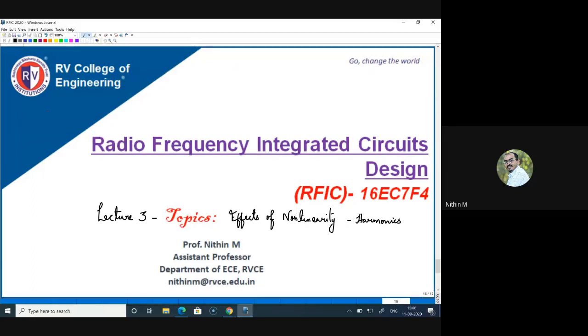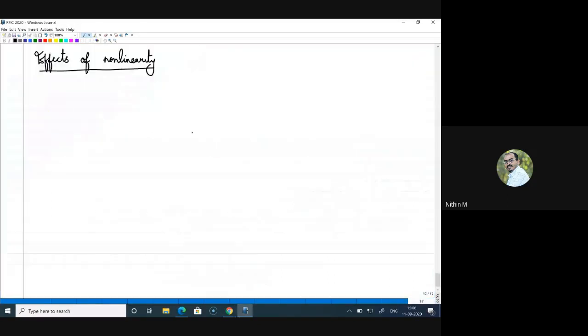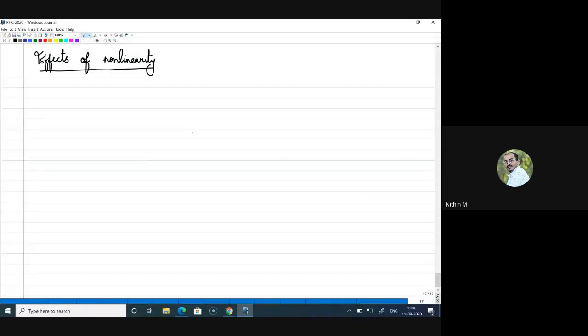There are government agencies that regulate this. In the US, I think you would have heard about the FCC, which is the Federal Communications Commission. They are the regulatory body that regulates the spectrum in that particular country.